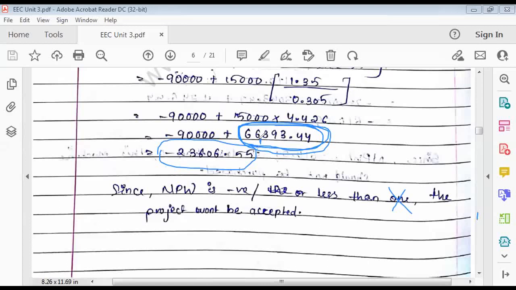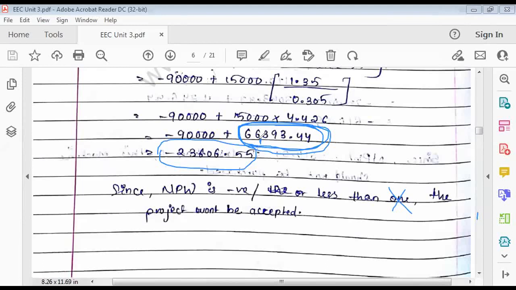That means, as per the question, receiving 15,000 rupees after 1 year, another 15,000 after 2 years, another after 3 years, 4 years, 5 years, 6 years, 7 years is the same as receiving 66,393.44 rupees now.